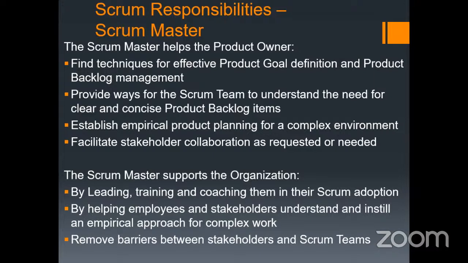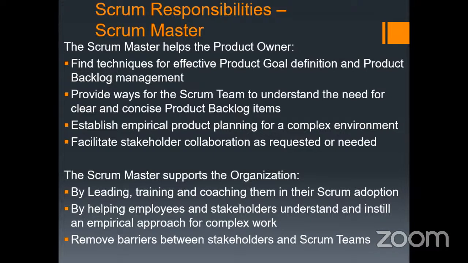Similarly, it provides the way for the Scrum team to understand the need for clear and concise product backlog items. A Scrum Master also establishes empirical product planning for a complex environment. As we have seen, the Scrum framework is basically followed for complex projects.